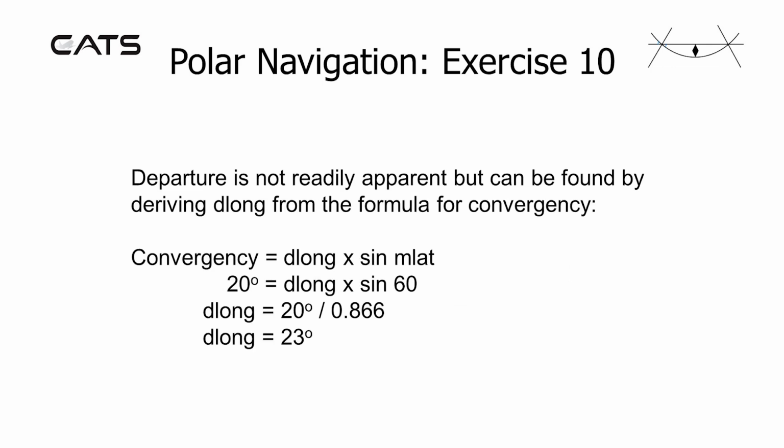Departure is not readily apparent, but can be found by deriving d long from the formula for convergency. Convergency equals d long times sine mean lat. 20 degrees from the question equals d long times sine 60. Rearranging, d long equals 20 degrees divided by 0.866, which equals 23 degrees.